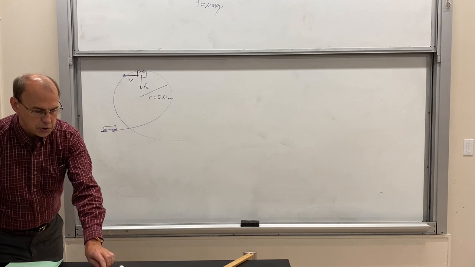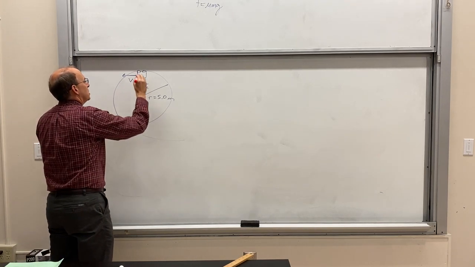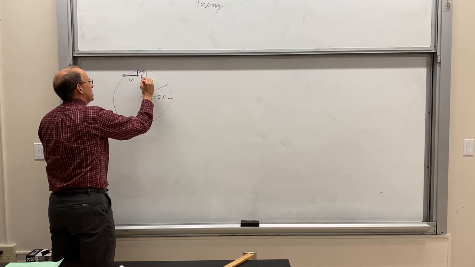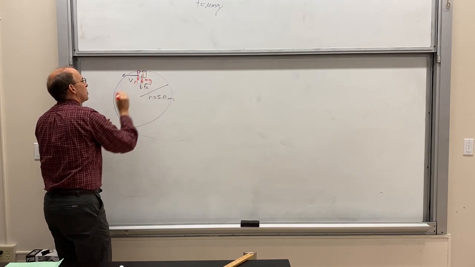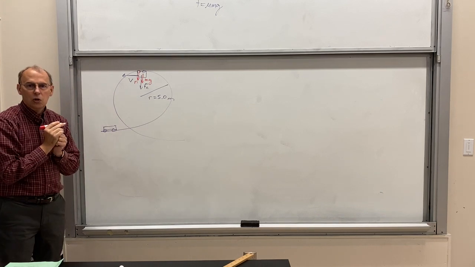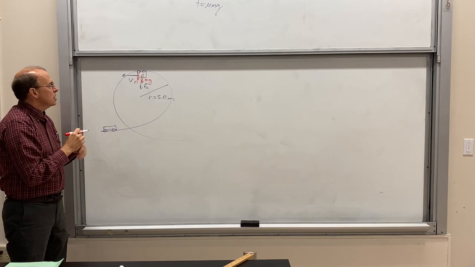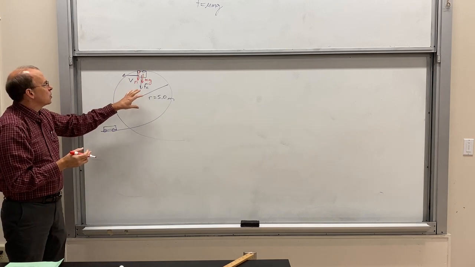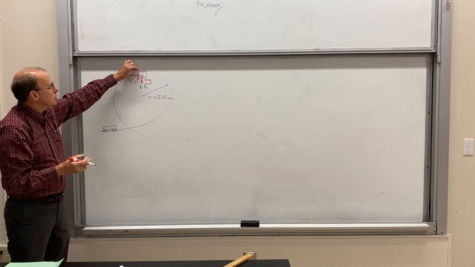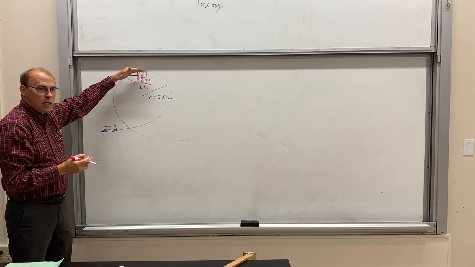So there has to be some centripetal force pointing down. What are our options for that centripetal force? That centripetal force can be due to gravity, mg, and it can be due to the normal force of the track pushing on the car. What I'm asking is, what is the minimum speed? The minimum speed will occur when the normal force goes to 0, when this would just be falling off.